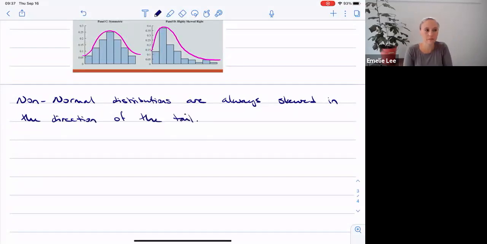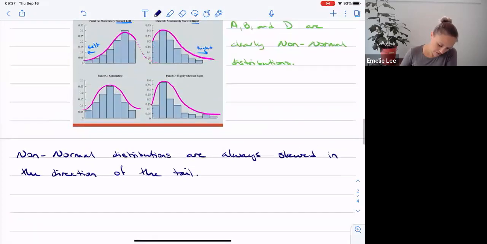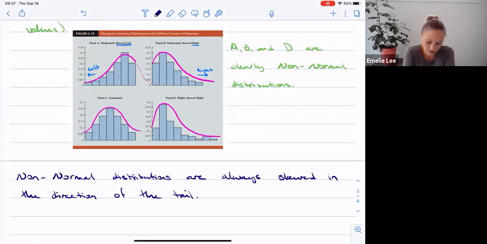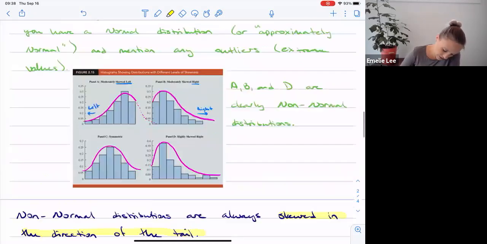So with non-normal distributions, I'll highlight that because it throws a lot of people off. Most of the time we're going to have a normal distribution, so this is not really a concern, but it's good to have vocabulary around non-normal distributions as well.